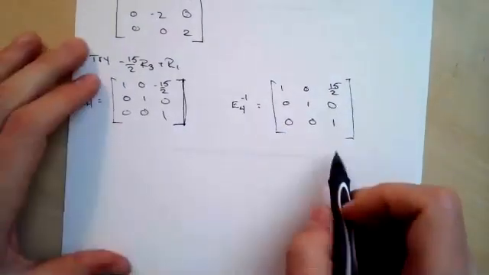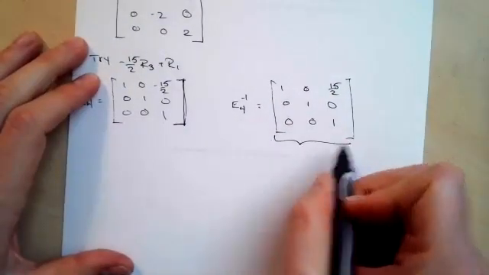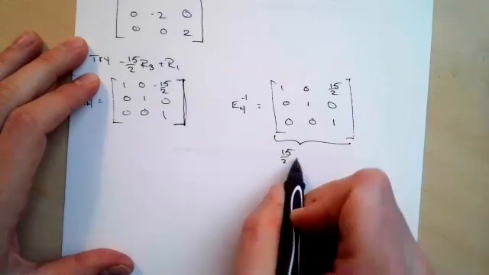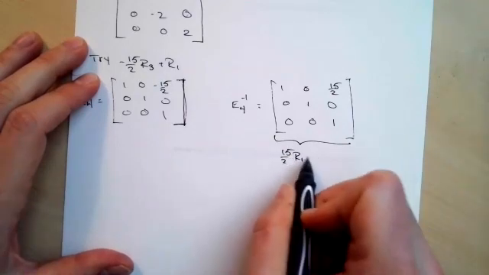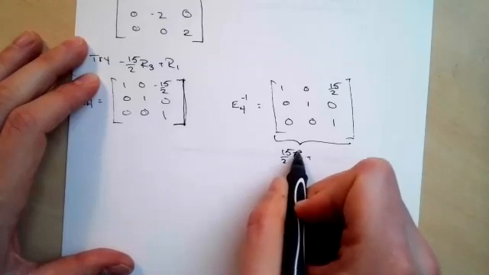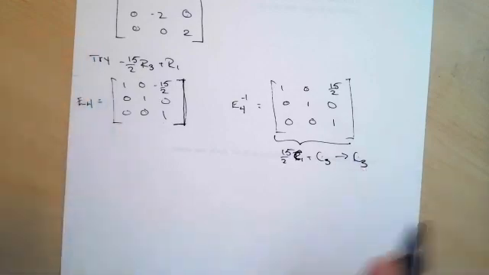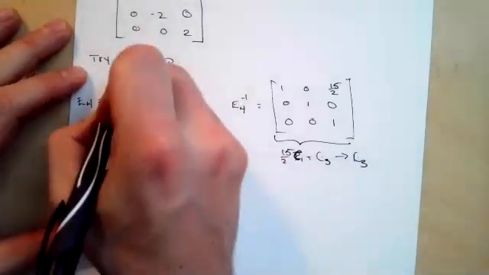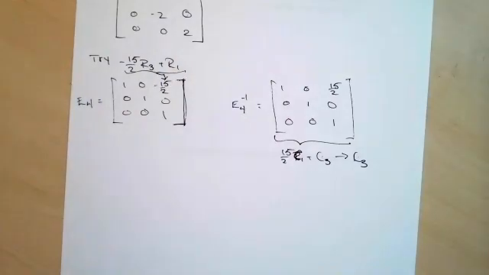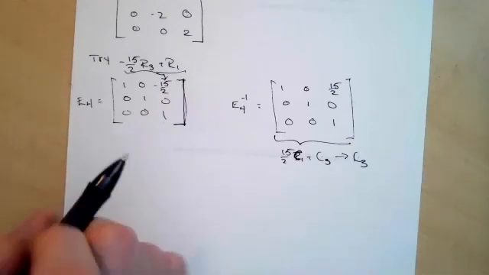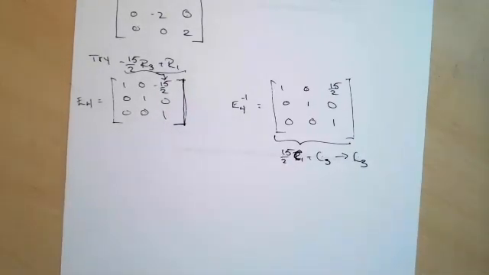And if we were applying this as a column operation, that's going to be 15 halves column 1 plus column 3, and we are replacing column 3. And so what's going to be our problem? Just like in E3, in these last steps, we seem to be getting in our own way in some sense with the row operations and column operations. You can kind of avoid that with the first steps, but as we get down to these last steps, we got to be careful.